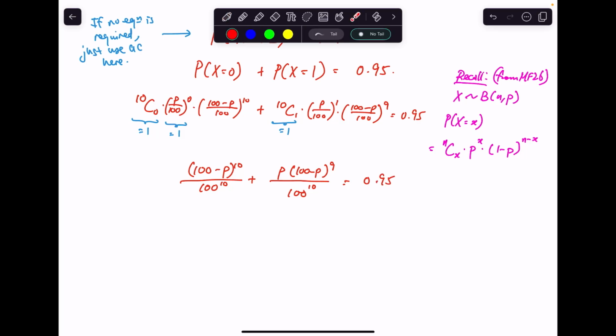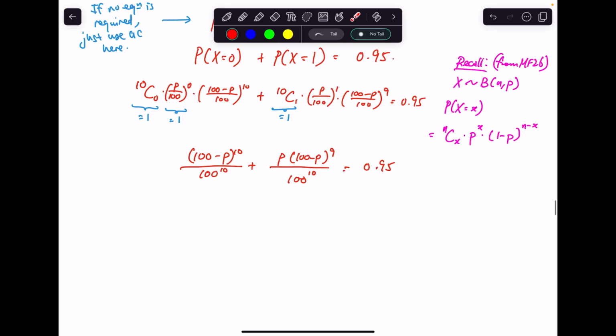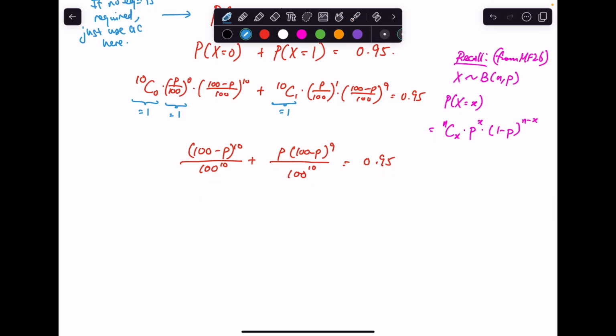If you want to, we can do what I did just now, to multiply by 100 to the power of 10 on both sides. If not, you key this as y1 in your GC and key this as y2 in your GC.